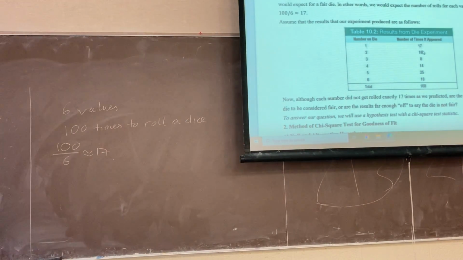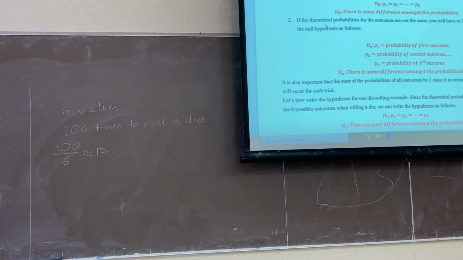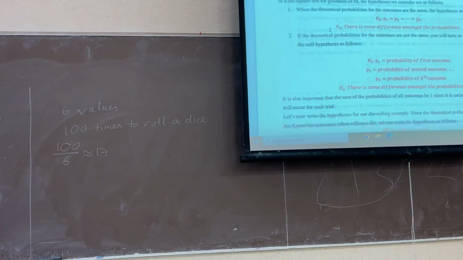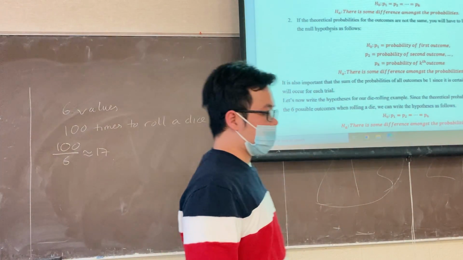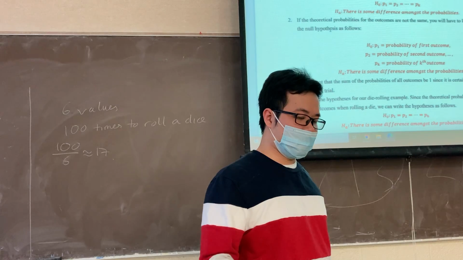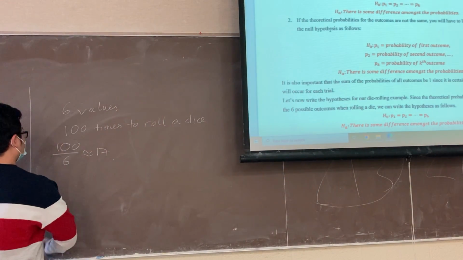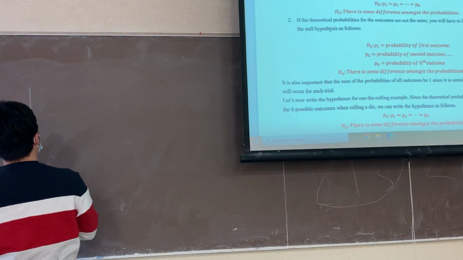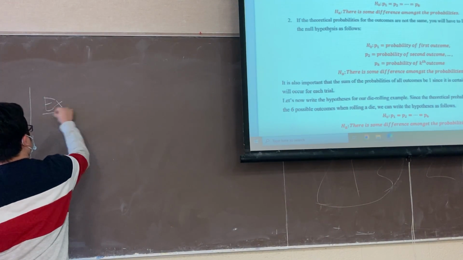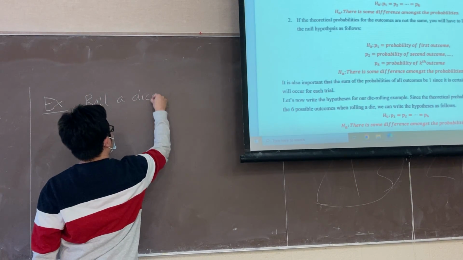And to do this method, I have to talk about what the null and the alternative hypotheses are in this situation. Okay, I will consider the example here: roll a six-sided die.